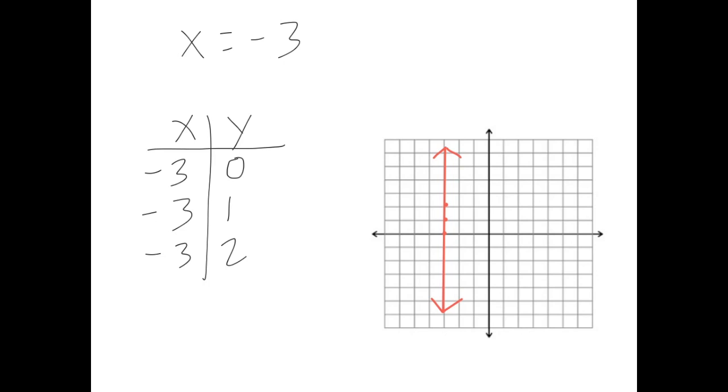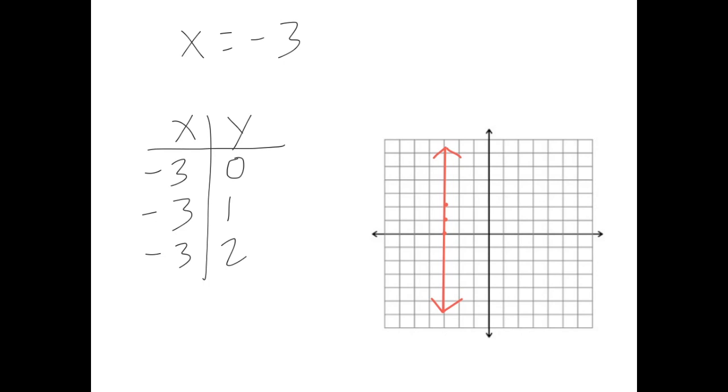So when you had y equals a number, it gave you a horizontal line. When you have x equals a number, it gives you a vertical line. And you may have noticed that I didn't show the other way that we use to figure this out, about slope and y-intercept. Well, that's mostly because we don't have either.